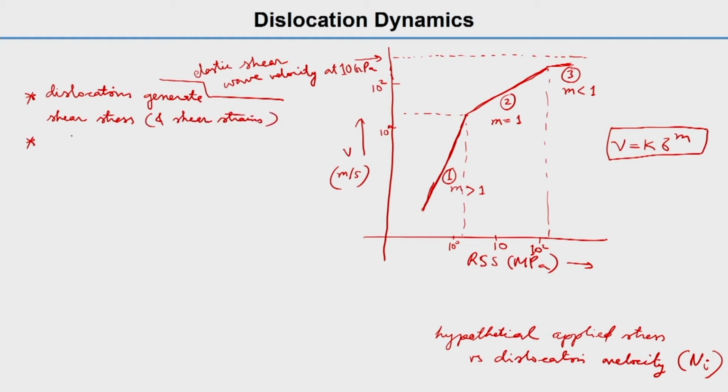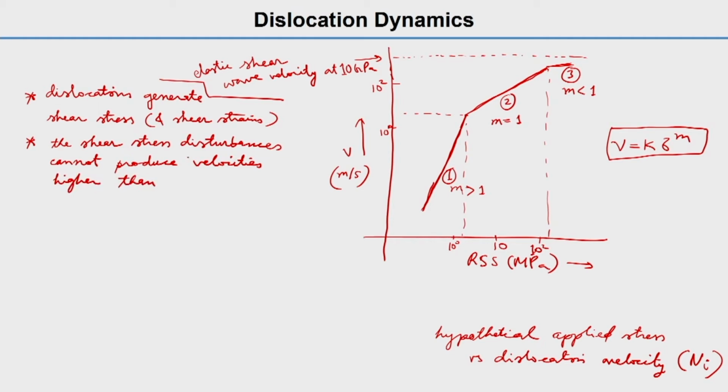If you consider the shear stress as a disturbance, that means we are talking about wave propagation, so it cannot produce velocities higher than V elastic shear, the elastic shear wave velocity.